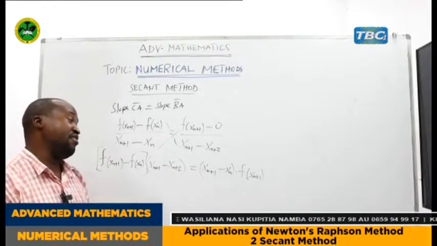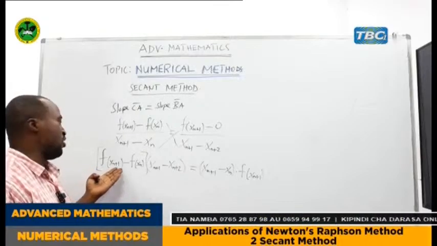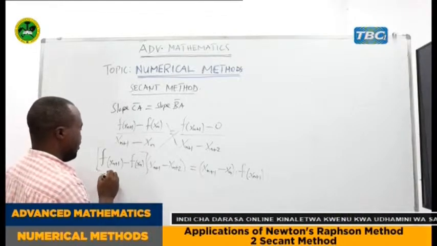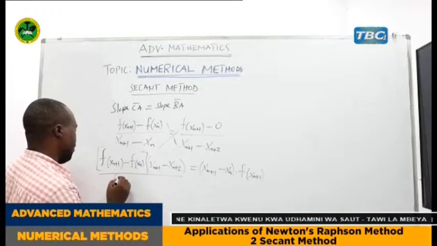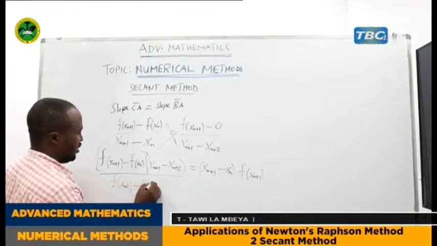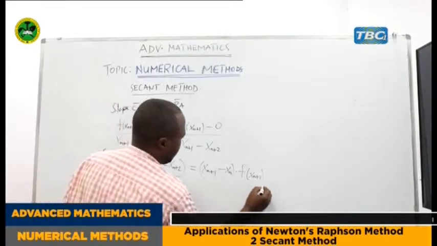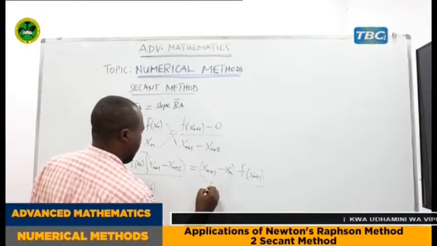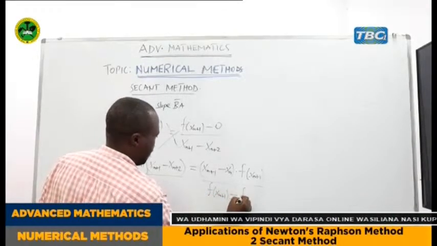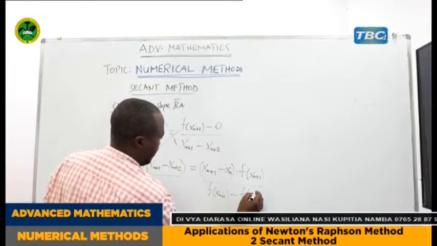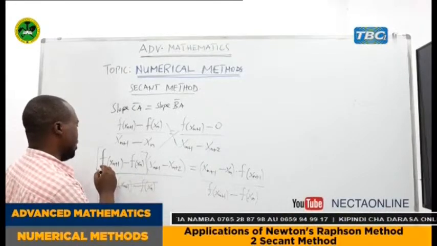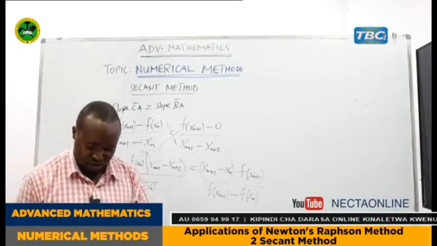So at this point we can divide both sides by f of xn plus 1 minus f of xn. So in this case we can simplify this way.